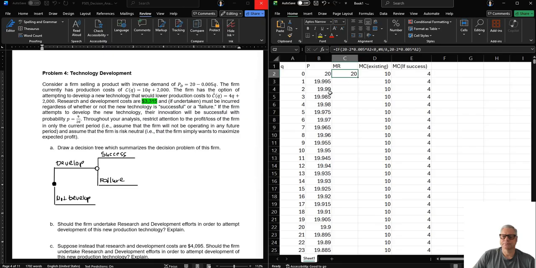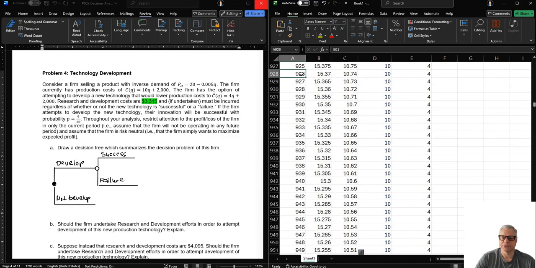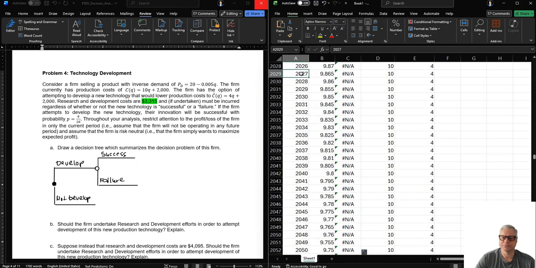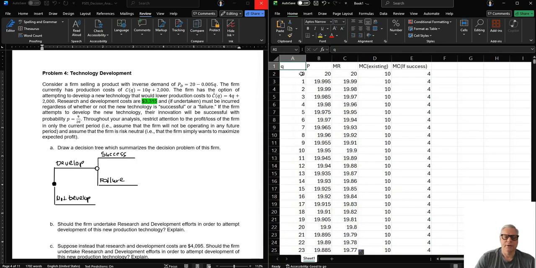That avoids that we have all those negative values. So now if we go to 2000, you see that's where the NAs kick in. I think now we have everything in order to illustrate maybe that problem.